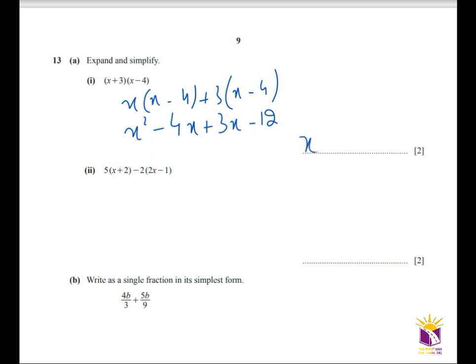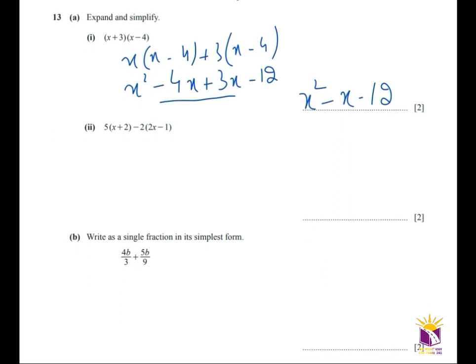So x square, then minus 4x plus 3x is equal to minus x, and minus 12 is your answer. 5 times x will be 5x, plus 5 times 2 is equal to 10, minus 2 times 2x is 4x, and minus minus plus 2 times 1 times 2. 5x minus 4x will be equal to x, and 10 plus 2 equal to 12.